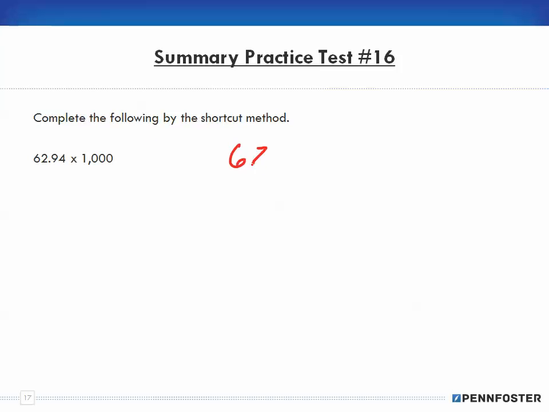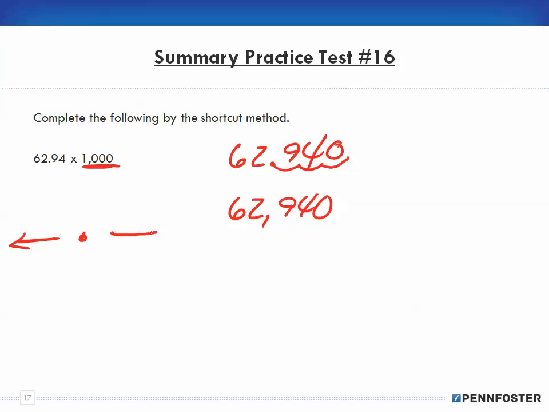So if I have 62.94 and I'm using the shortcut method, since I'm multiplying by 1,000, that means I need to move my decimal place 3 positions to the right, 1, 2, 3. So my answer ends up being 62,940. Again, here's my decimal place.